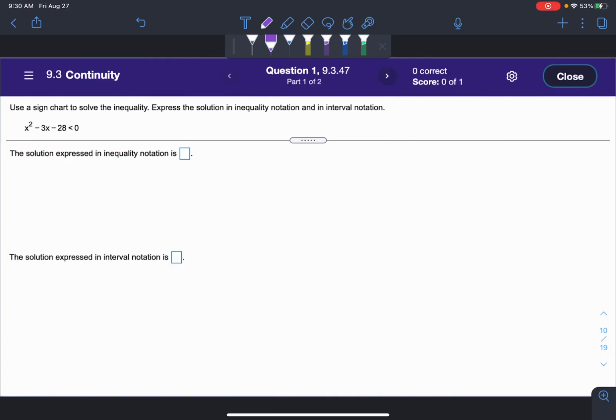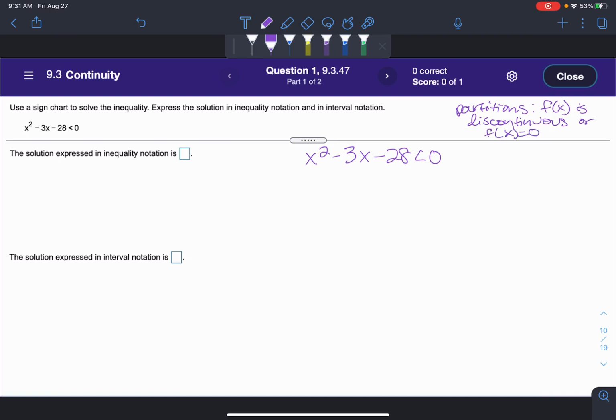Okay, so we want to use the sign chart to solve this inequality. We're going to use inequality notation and then interval notation. So for this problem, we want to find these partitions, which would be where f of x is discontinuous, or f of x equals 0.